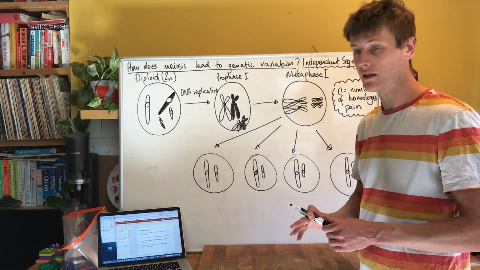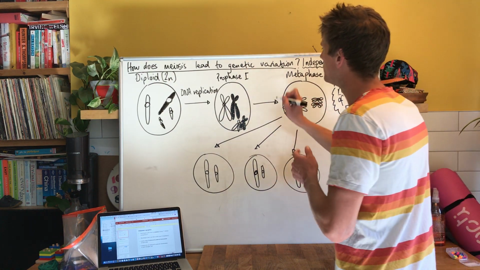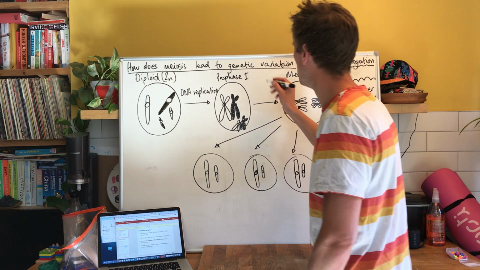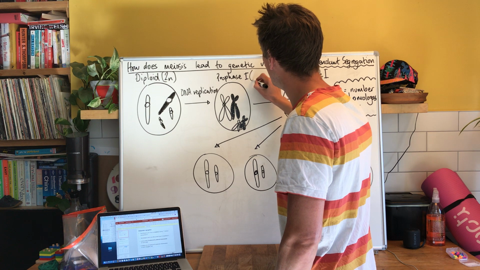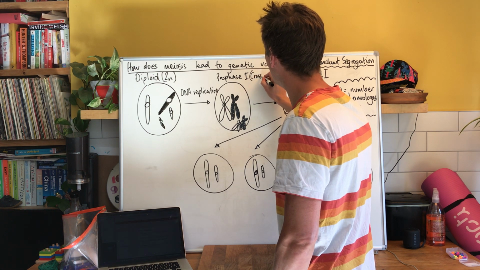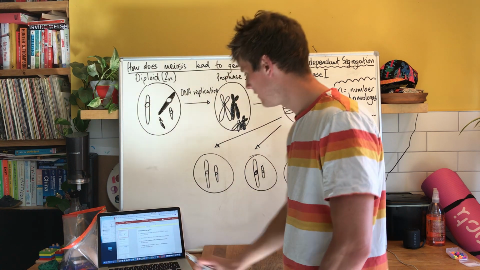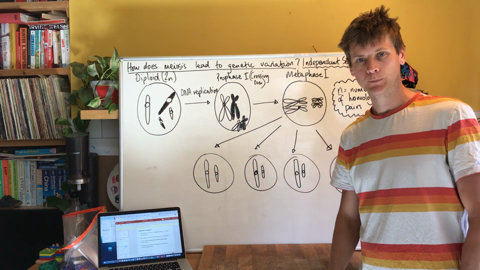If you remember back to the last video, prophase 1 is the first stage of meiosis, and that is when crossing over may take place.